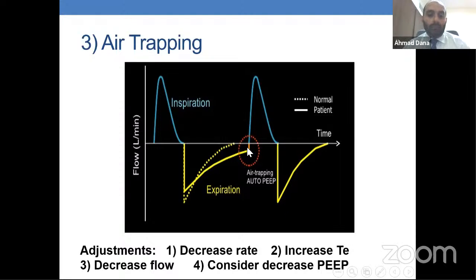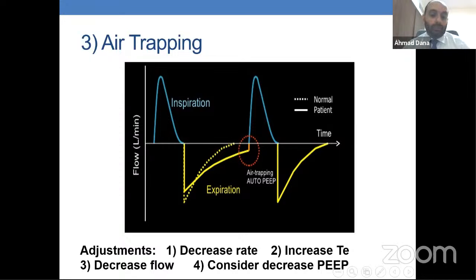Increase the E time, the expiratory time, at the expense of the I time, because the breathing cycle is composed of inspiration and expiration. So the IE ratio: if you reduce the IE ratio, it means you increase the E time, and this will give more time for expiration.